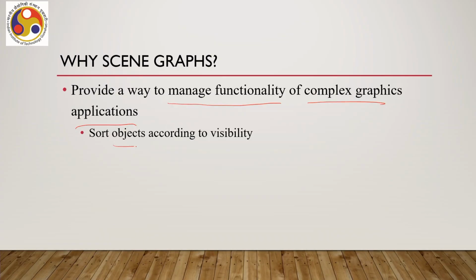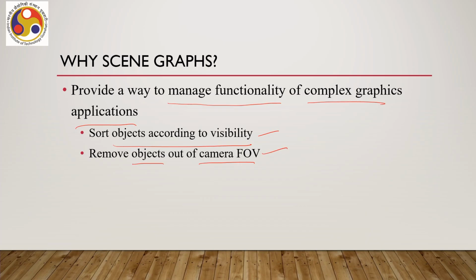Some of the features that scene graph based representations typically have: they allow sorting objects according to visibility, which are visible with respect to viewer position and which should not be visible. It can allow removing objects out of the camera field of view. So, this one is called visible surface detection, this one is called clipping.